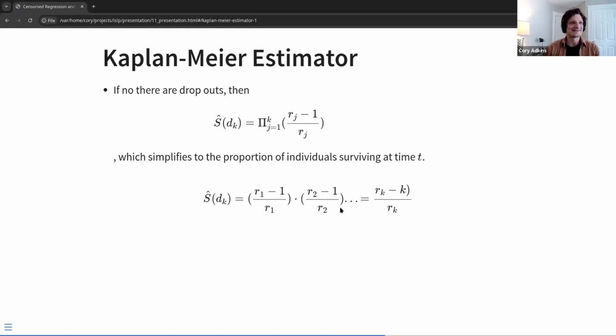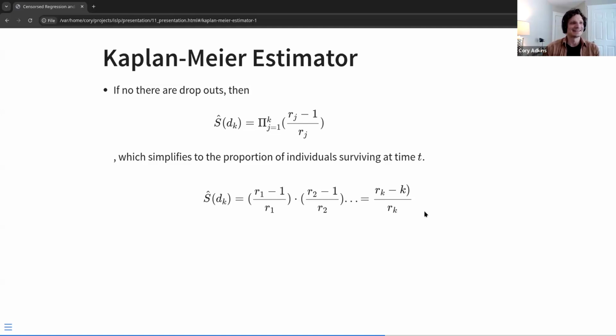And so the product of these consecutively, just subtracting one each time, I think is just the at-risk population minus the number who actually died over the at-risk population, which I think is just the proportion of surviving people at the last point. But I'm not sure about that.